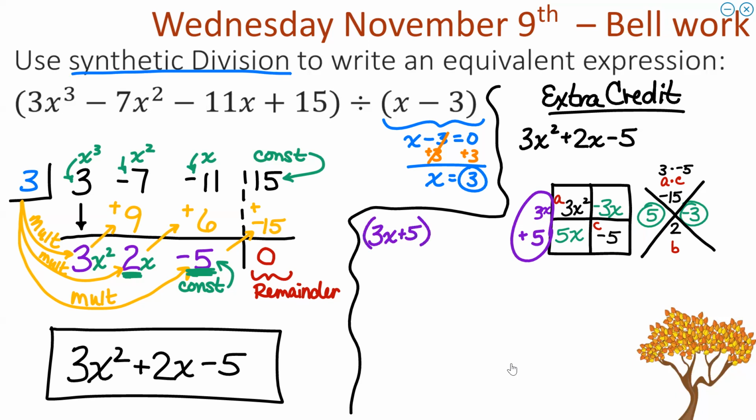Then we have to go the other direction. 3x squared and 5x, what do those two have in common? X. What about negative 3x and negative 5? They're both negative, so I know I can take a negative out. Plus, it's touching a negative box here. Negative 1, yes.